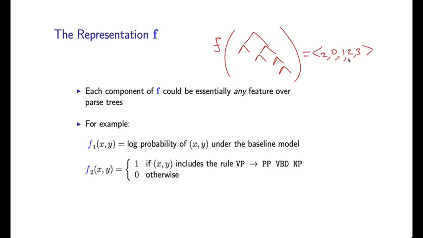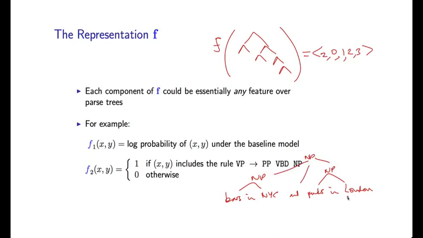So if we think back to those examples of parallelism and coordination, things like bars in New York and pubs in London, then we could, for example, have a feature that identifies the fact that this particular structure is a parallel coordination structure.